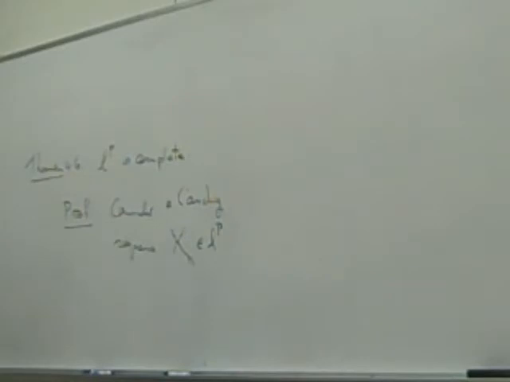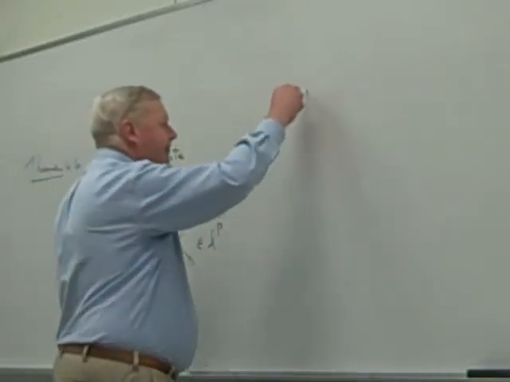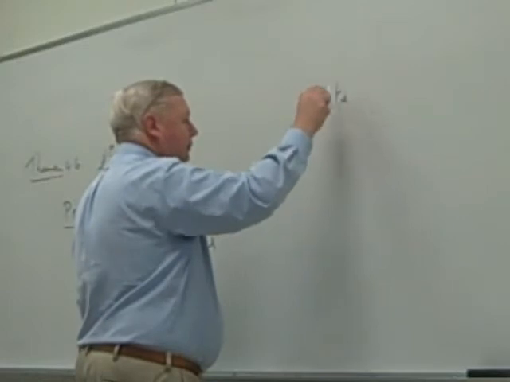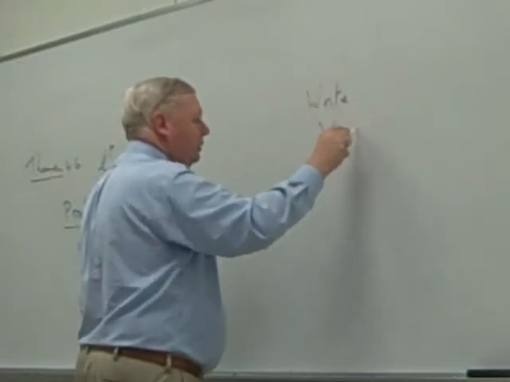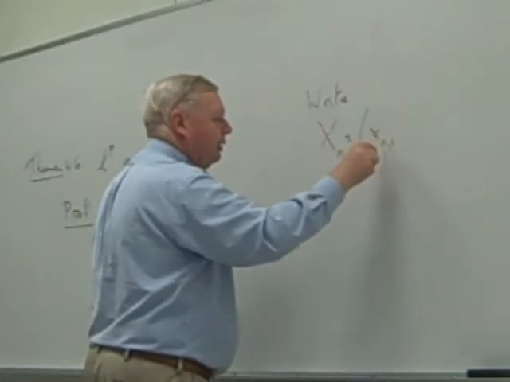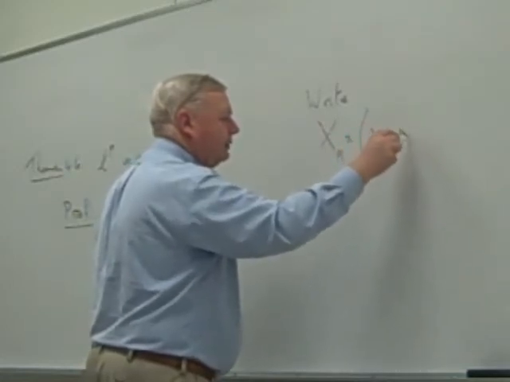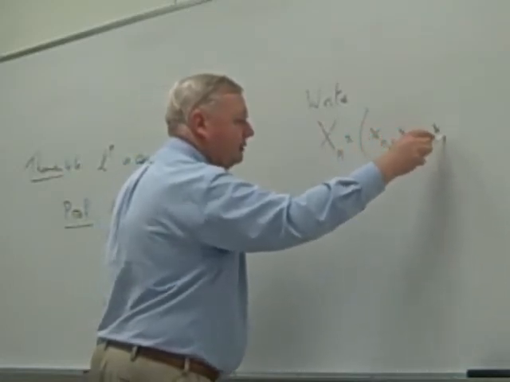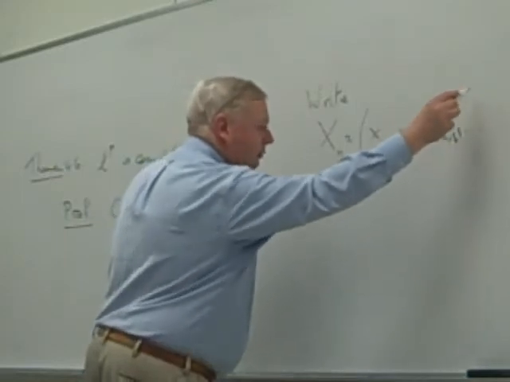So we have to find a candidate for what it might converge to, and then show that it really does converge to it in the p norm. So let us write capital X_n is the sequence x_n1, x_n2, x_n3, and so on.